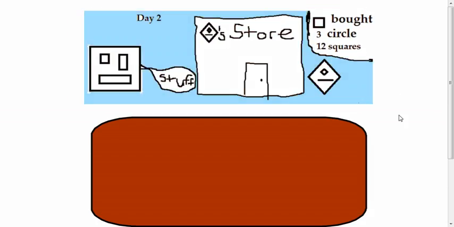On the second day, Dr. Square bought 3 circles and 12 squares.